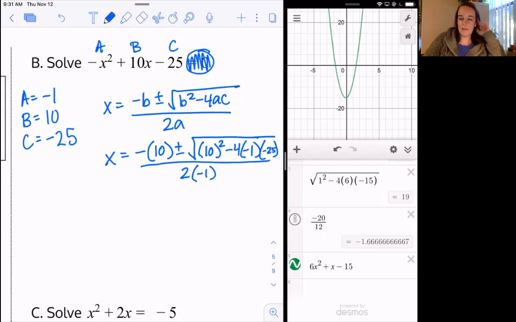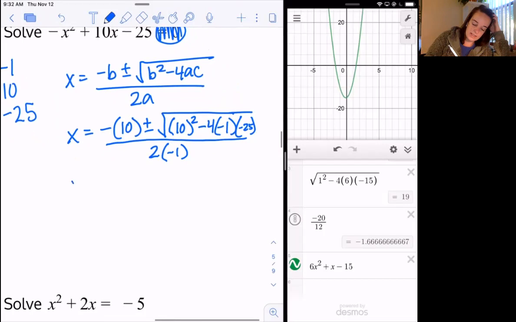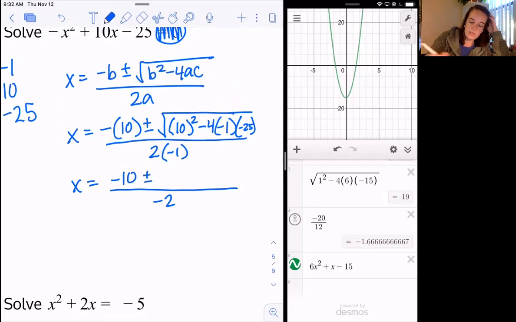All right, we have 3 zones here. I have x equals negative 10. I have 2 times negative 1, which is negative 2. So I'd say the first zone and the last zone are the easiest. So I just do those automatically so that I don't get mixed up, right?